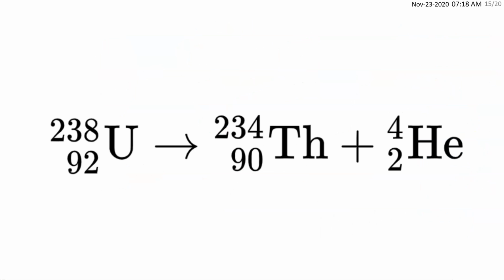Now, here's a particular type of nuclear decay. You will notice that we go from uranium to thorium. So, when it comes to nuclear decay, there is a change in the identity of the element.